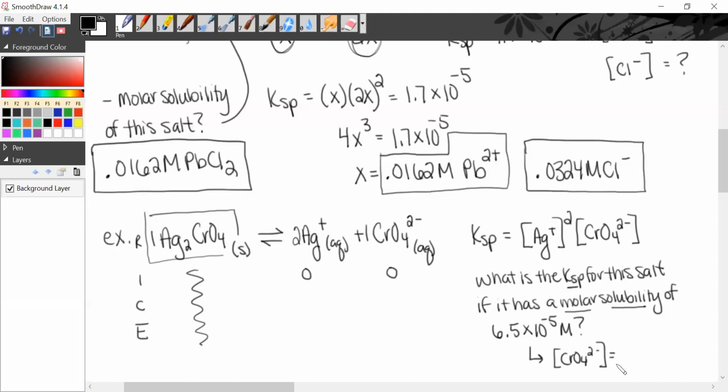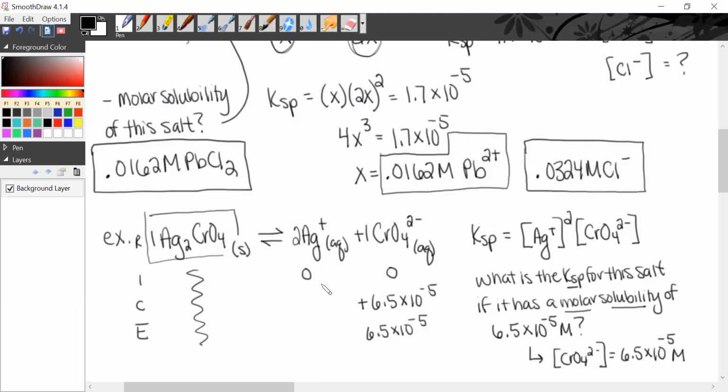So my chromate concentration at equilibrium is going to be 6.5 times 10 to the negative 5th. So down here in the equilibrium portion of my RICE table, I can put that 6.5 times 10 to the negative fifth. So that must mean that the change was plus 6.5 times 10 to the negative fifth. Maybe it's a little bit overboard to do this.